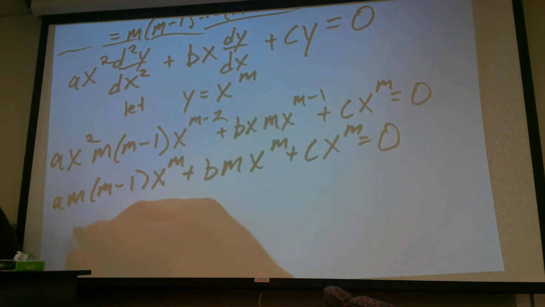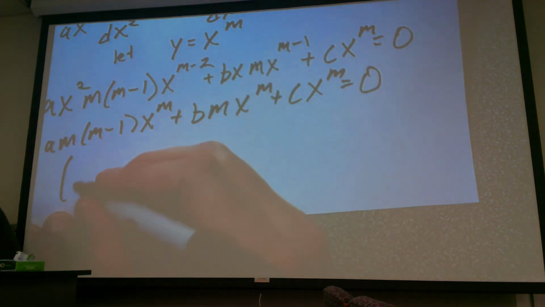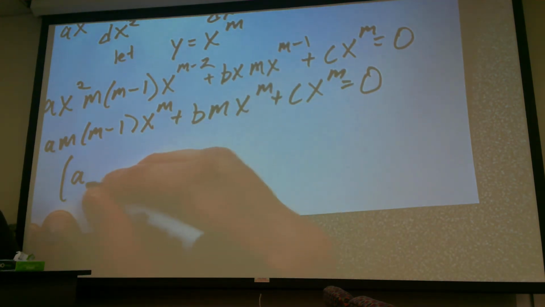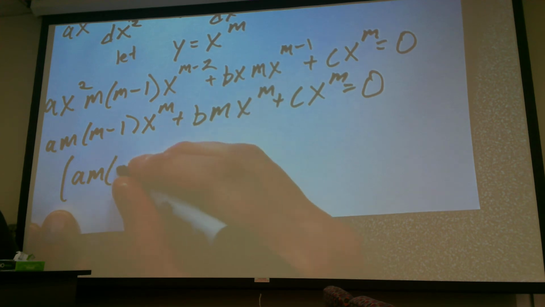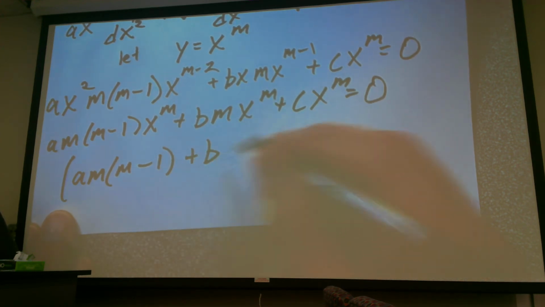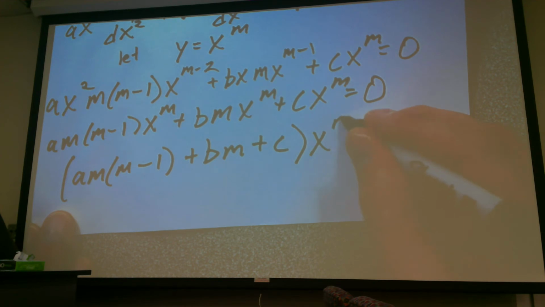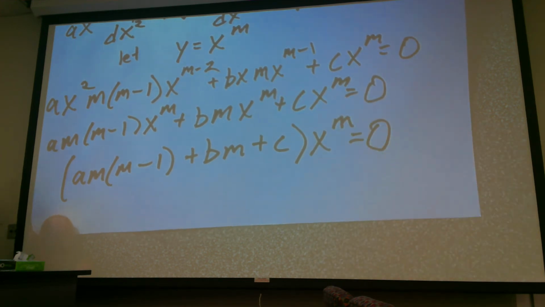Okay, so we have big parentheses right here. So we have a m minus 1 plus b m plus c, times x to the m, which equals 0.